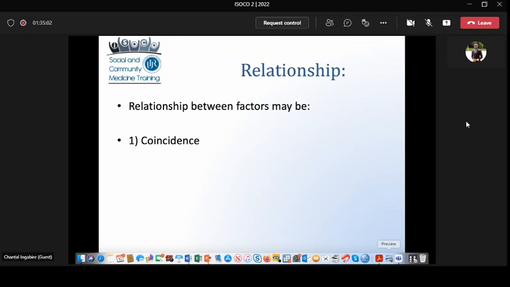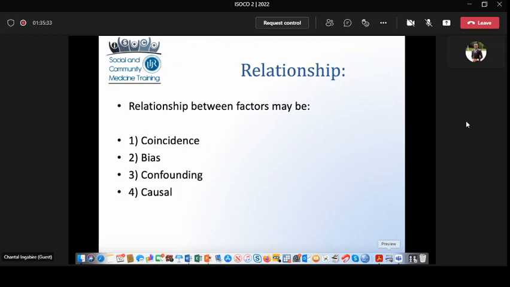And when we talk about the relationship, a relationship between factors may be coincidence, it might be a bias, it might be confounding, but it might also be causal. So these are the kinds of relationships that we are talking about in terms of epidemiology when we are talking about exposure and the outcome.